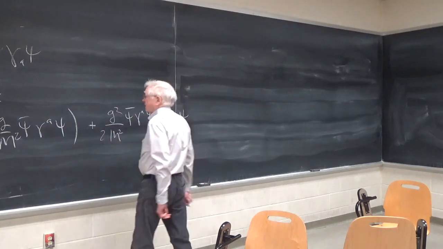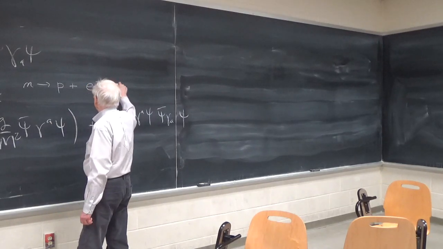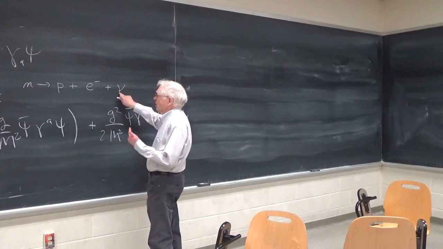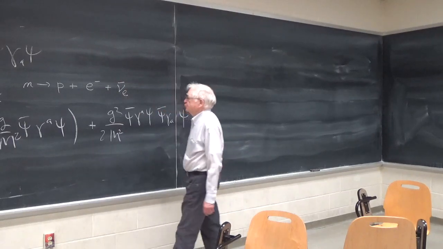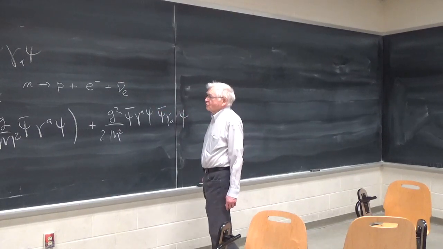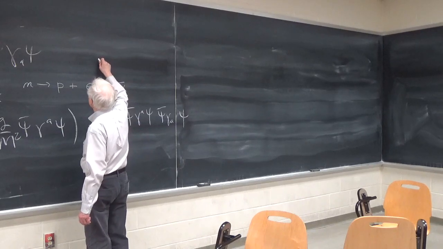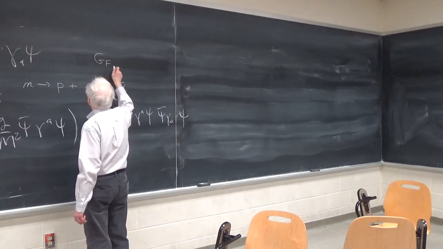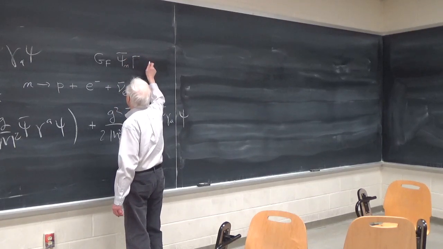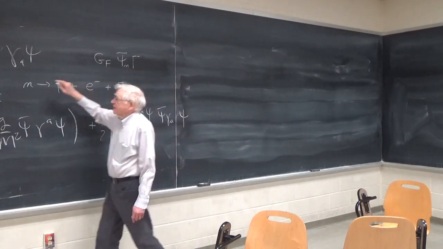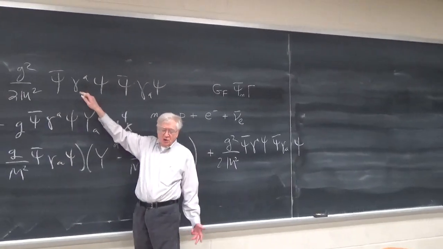In the early days of weak interaction theory, it was known that a neutron would decay into a proton plus an electron plus, well, one didn't know what, one first knew that it would be an electron antineutrino, and so Fermi wrote down a theory in which the interaction was written as G sub F times psi bar n, and then he put a gamma because he wasn't sure what type, whether it was a vector interaction, which would be gamma A, an ordinary gamma matrix, or something else.